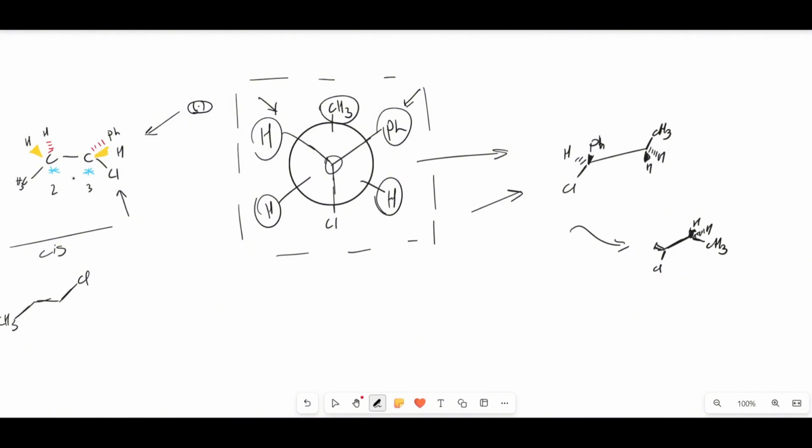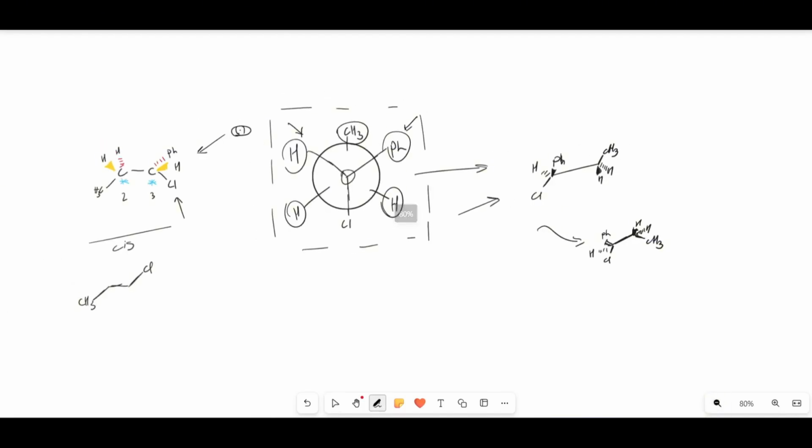And you have your phenyl here and your hydrogen here, right? This also works. The main reason it works is because they're both hydrogens on the same group. You don't have a chiral center for it, so it doesn't matter which one faces which side.